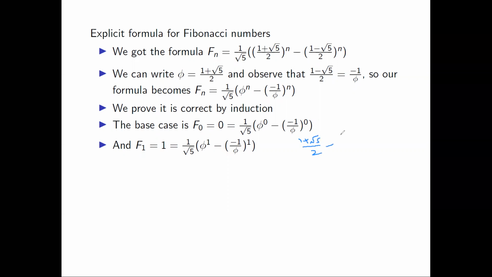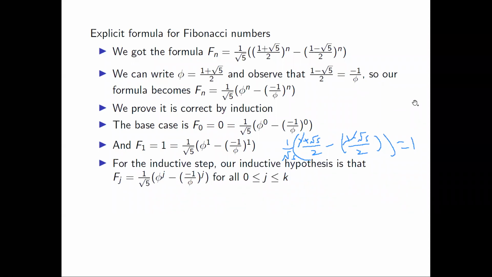Negative 1 over phi to the 1 is 1 minus the square root of 5 over 2. So we're multiplying that times 1 over the square root of 5. And like we saw on the previous slide, the 1's cancel out. We get 1 over the square root of 5 times square root of 5 over 2 plus square root of 5 over 2. So this gives us 1. So that one worked out.